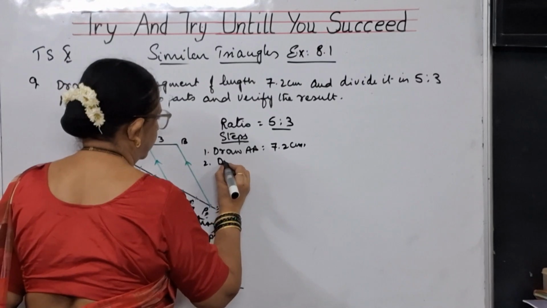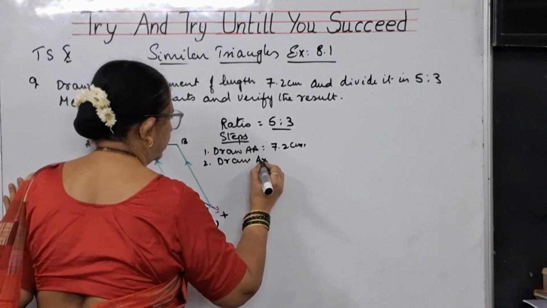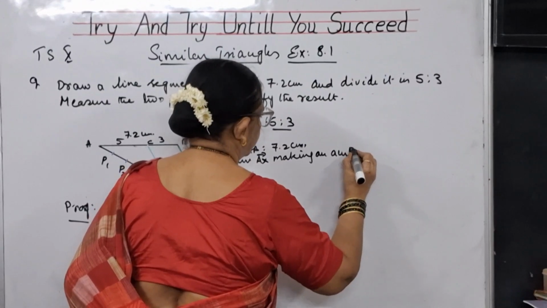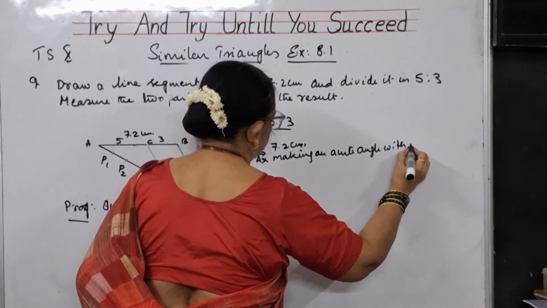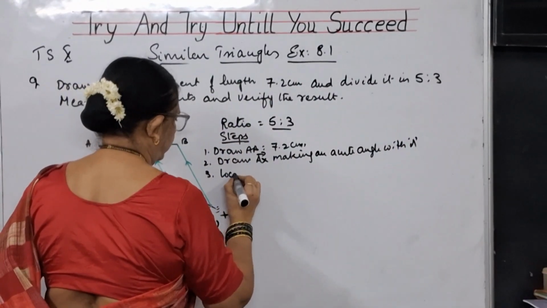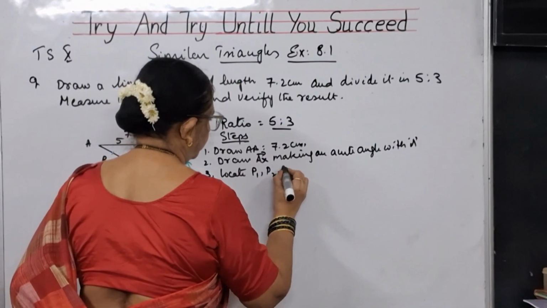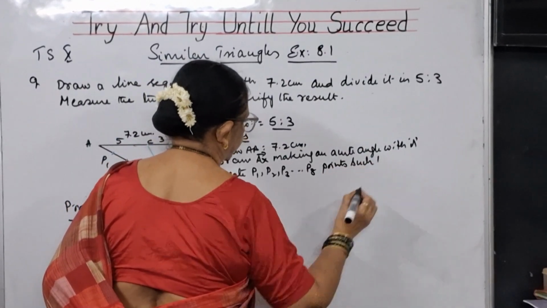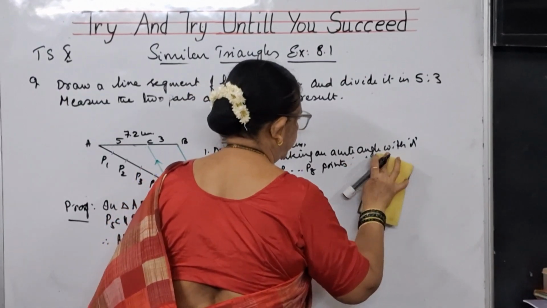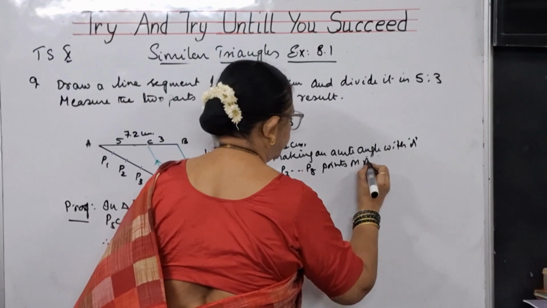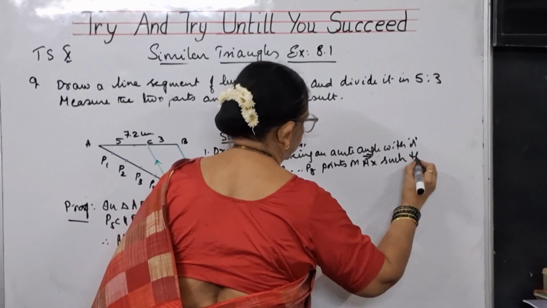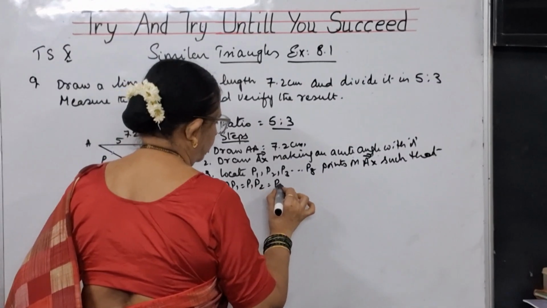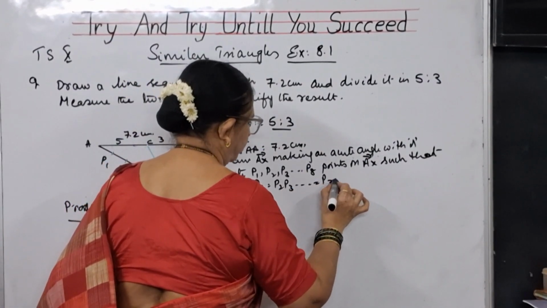And second point, draw AX ray making an acute angle with A. Next, third point, locate P1, P2, P3, so on up to P8 points on AX ray such that AP1 is equal to P1P2 is equal to P2P3, so on, equal to P7P8.